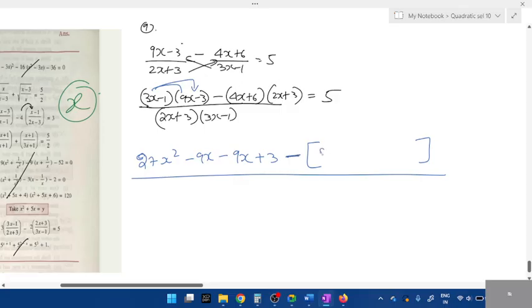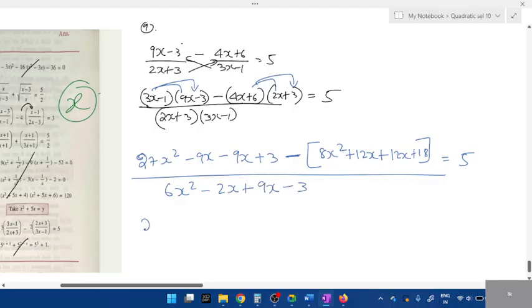4 2s are 8x square. Next, 4 should get multiplied with 3: 12x plus... 6 2s are 12x. 6 3s are 18, and here 6x square minus 2x plus 3 3s are 9x minus 3.